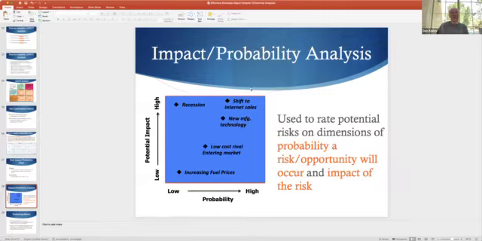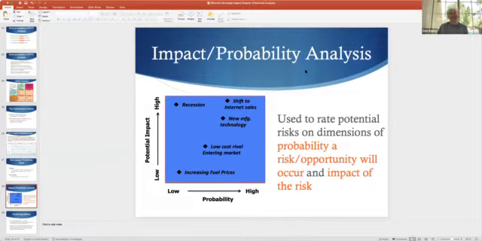Now, going up to the top left-hand side, there's another threat, recession. The potential impact of that, if it did occur, would be high, but the probability of that particular threat occurring is low.